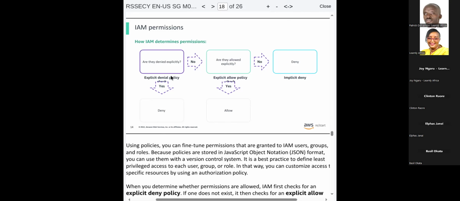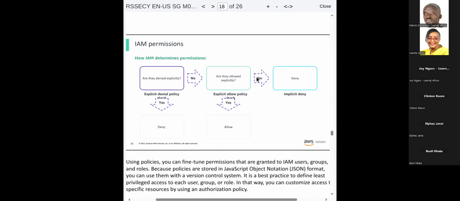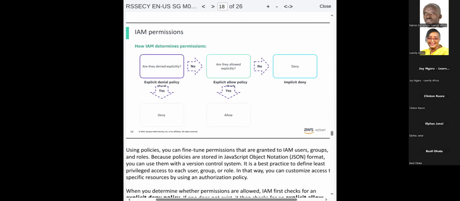If there is no explicit deny, then is there an explicit allow? If yes, then allow. If no, then deny. So it uses logic to determine whether a user, a group, or a role is allowed to perform a certain task or access a certain resource.